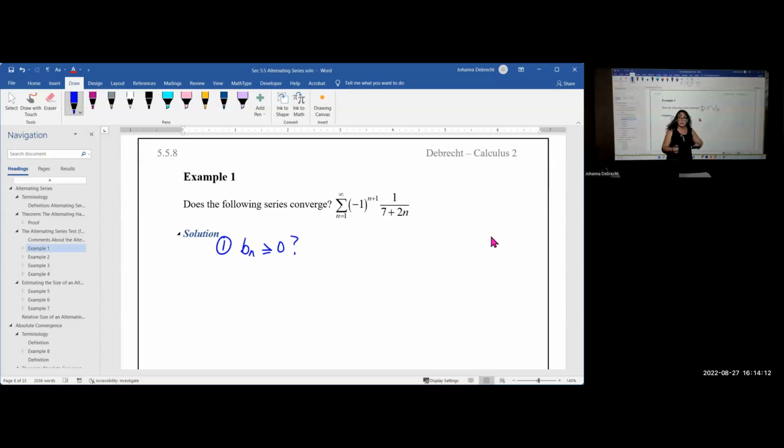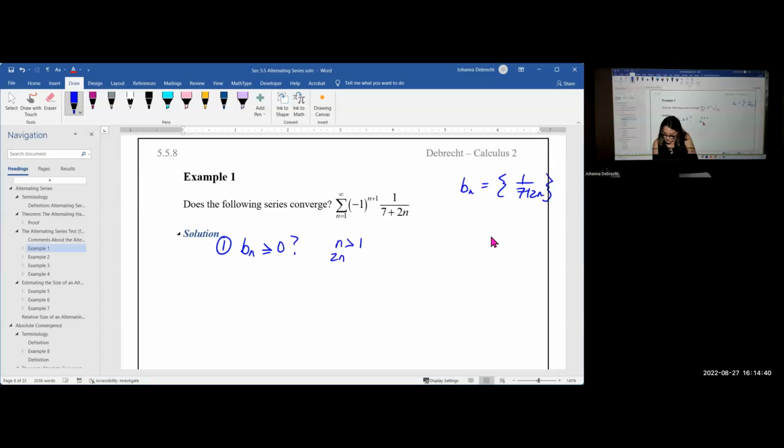So b sub n is 1 over 7 plus 2n. And that is going to be strictly positive for all n values 1 and greater. So yes, we've established that it is. Why? Well, because in fact, n is greater than 1.